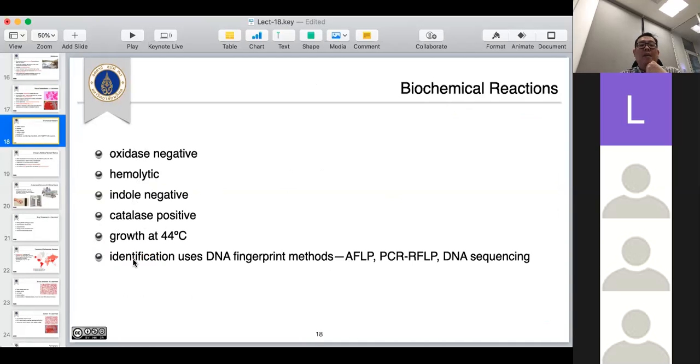And typing of A. baumannii normally uses molecular typing, DNA typing by AFLP. AFLP is where you digest the DNA of the bacteria with restriction enzyme, okay, and link by adapter. So when you digest the DNA of the bacteria, you get tons of pieces of DNA.